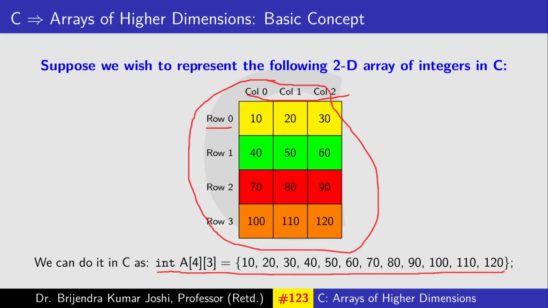It means in the memory the values will be stored row wise. The first row would be stored first, so that is 10, 20, 30. So they will go as 10, 20, 30, then 40, 50, 60 and so on. Okay, so how many rows are there? 4. So rows 0, 1, 2, 3 and each row has 3 values. So this can be written like this.